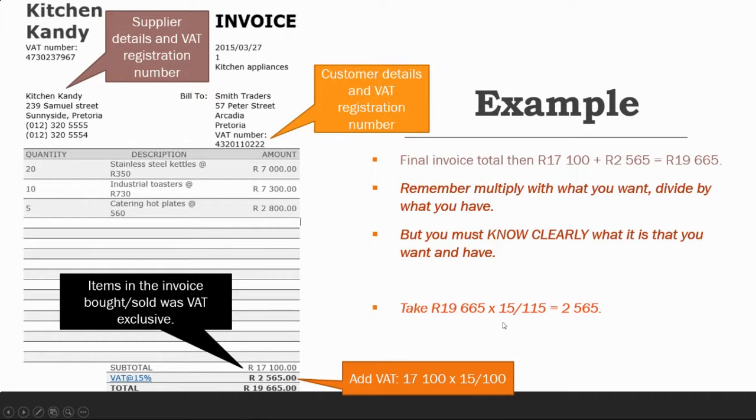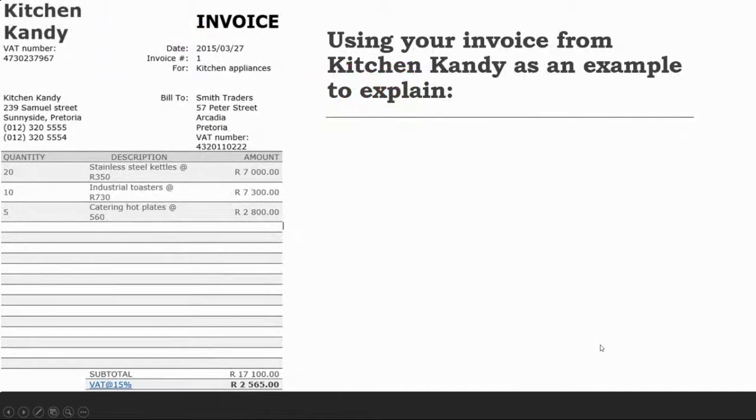I want to work out the VAT, and I currently have the VAT inclusive amount. Then you will get back to the VAT of 2,565. If they gave you the VAT inclusive amount and they want you to work out the VAT exclusive amount, you will multiply it with 100, because that's the amount I want, the one without VAT, divided by 115, which would give me 17,100.